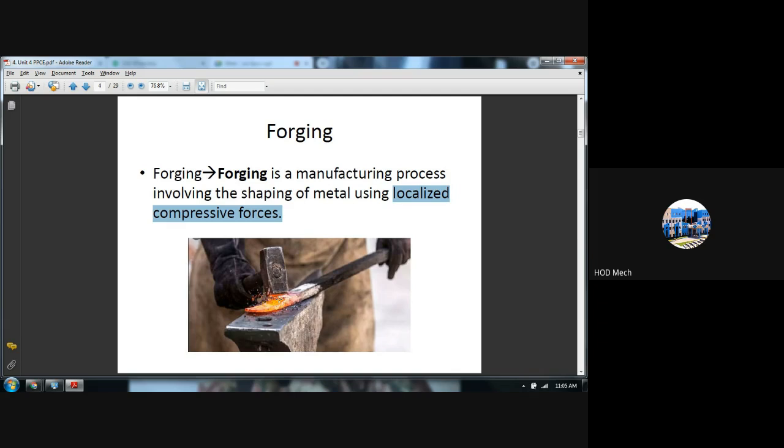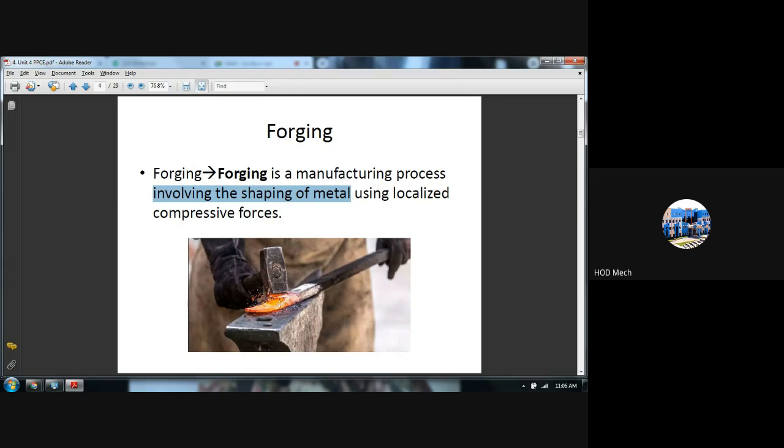But in the forging process, the energy does not get transferred. Where will that energy be? It stays within the material. So the material is subjected to deformation. Because that deformation happens, you are involved in the shaping of metal, because there is no other way. When you give a heavy load here, this anvil will resist any transfer of force. So the sudden impact force will be transferred within this material only.